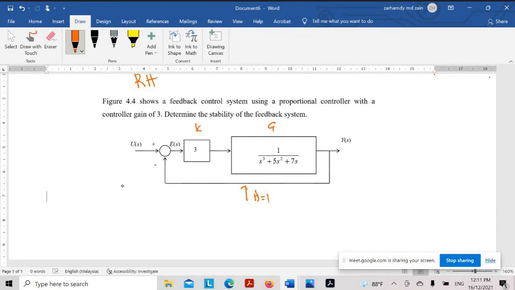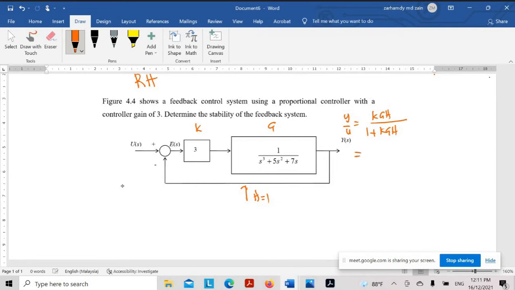Now from here we can use our transfer function, Y over U. We have KG over 1 plus KGH.